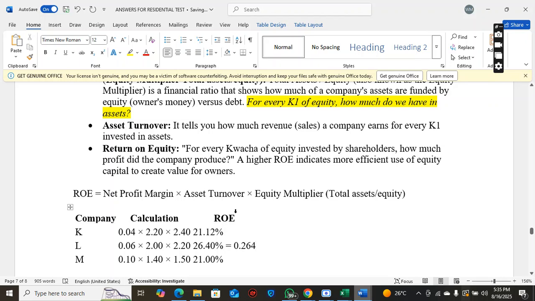For K, for every one quarter of equity that is invested, the company makes 21 ngwe in profit. Even company M, for every one quarter of equity invested, makes 21 ngwe in profit. So if we are basing it on return on equity, madam, yes, L is the one that's doing better.